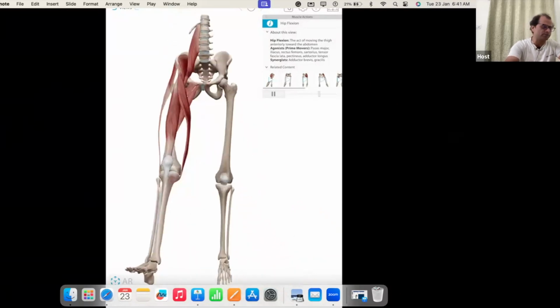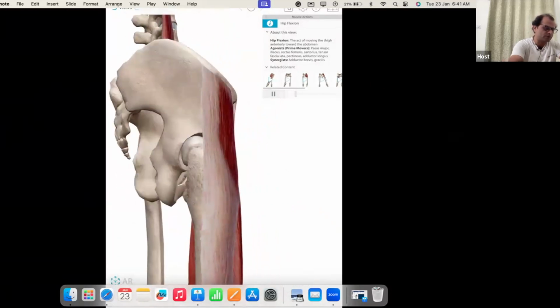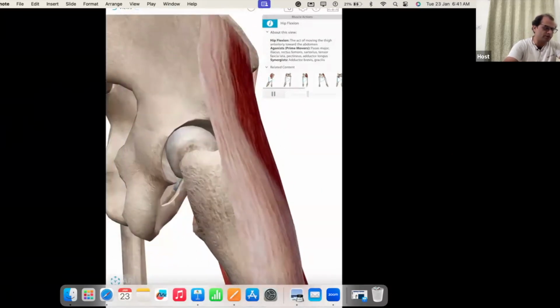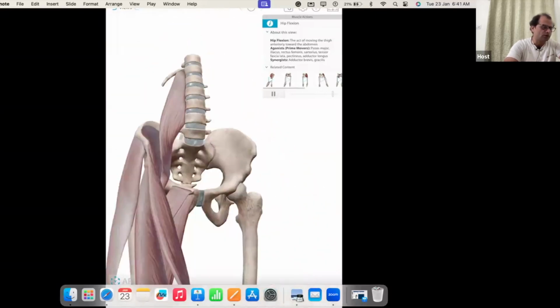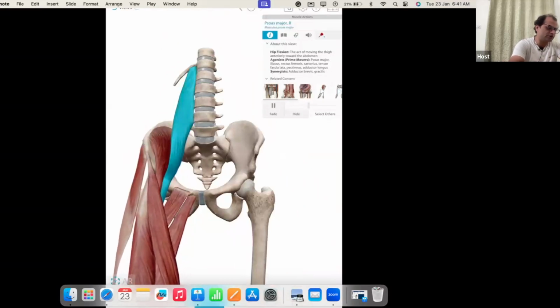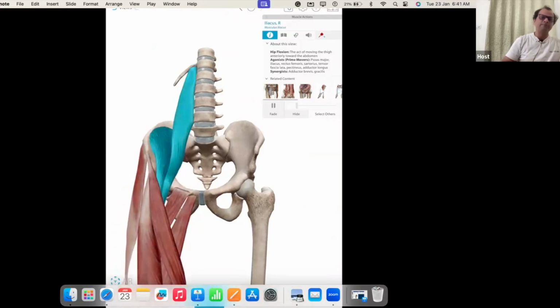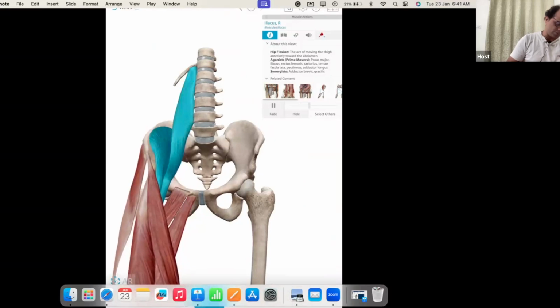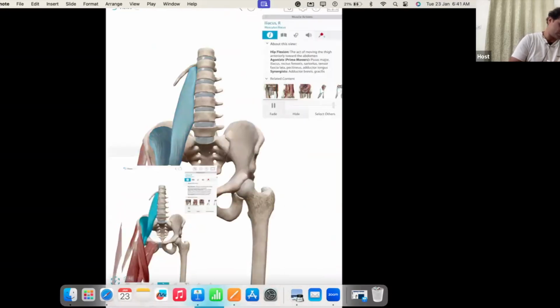So there is a group of muscles doing this. When this movement is happening, we can see the movement of the hip joint. The main muscle is iliopsoas. These 2 muscles: one muscle coming from the lumbar area, one muscle coming from the iliac area.